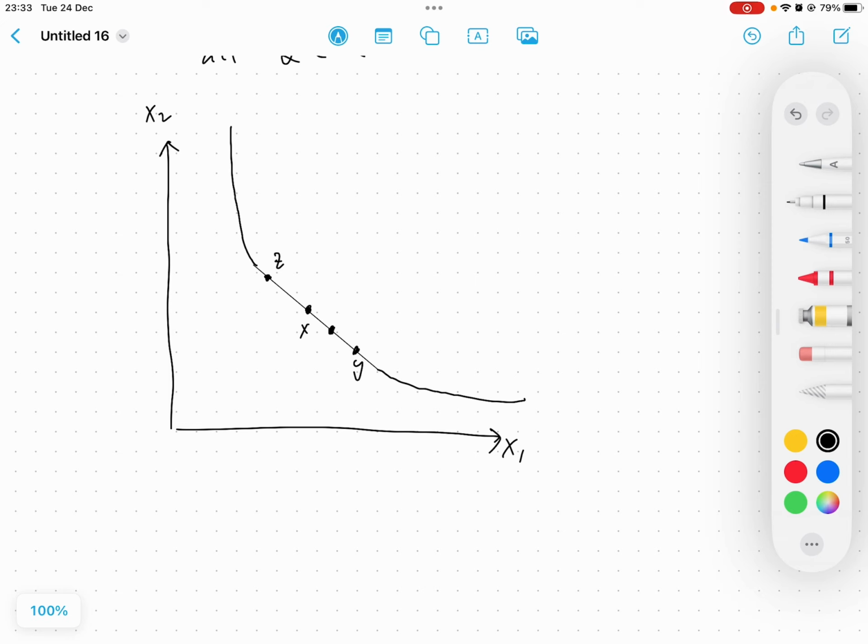So this is still convex, but it is not strictly convex, because alpha y plus 1 minus alpha z is not strictly better than x. It is still on this indifference curve.